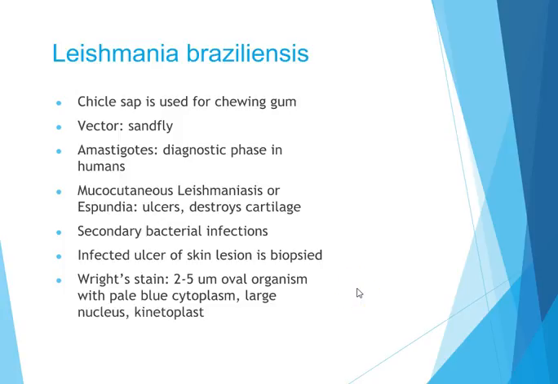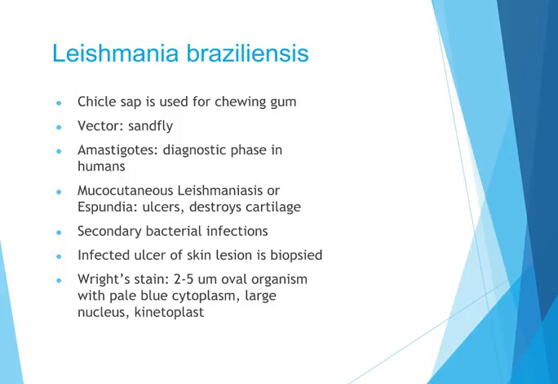So the first one is found in South America in rainforests where chicle sap is used for chewing gum. If you want to know more about that, just Google it. The vector is a sandfly, so the organism is in the sandfly and it bites a human and transmits the promastigotes in the human.